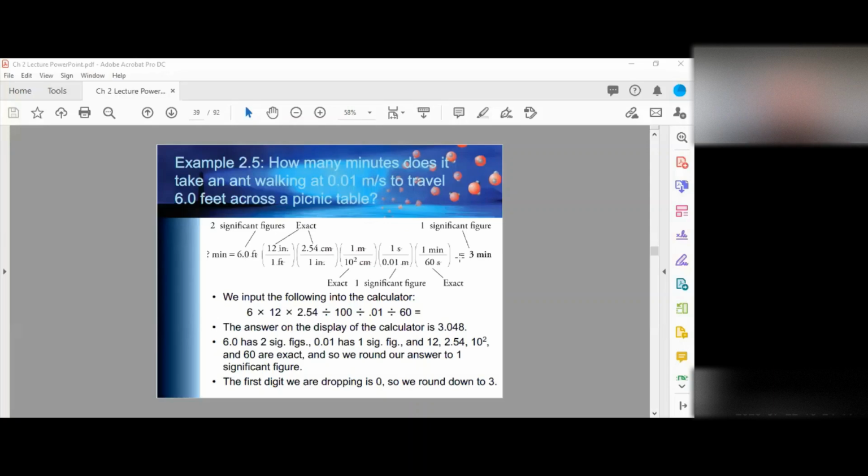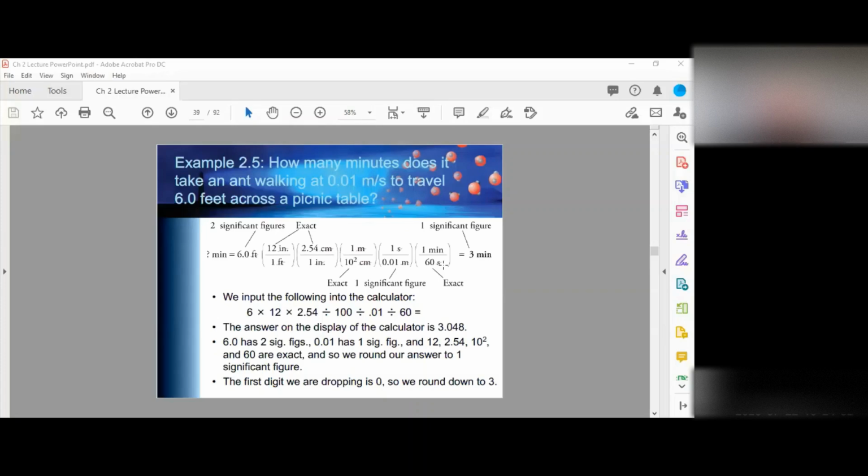When I do multiplication or division, and this is the rule, the final answer will always equal the least number of sig figs of the ones that got multiplied or divided. Let me repeat.